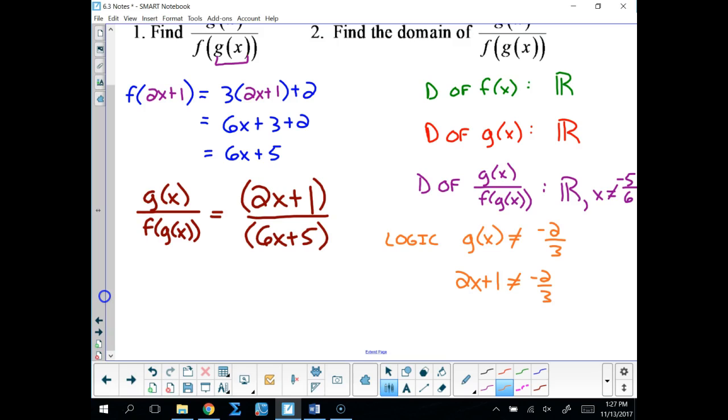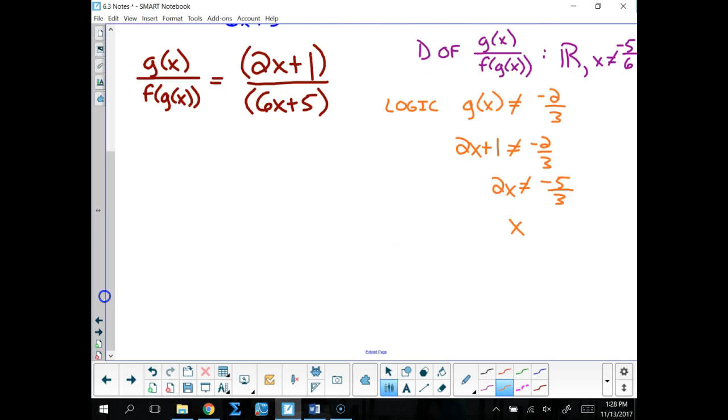Right? Subtract 1. Divide by 2. Now, you may be saying to yourself, we already had that.